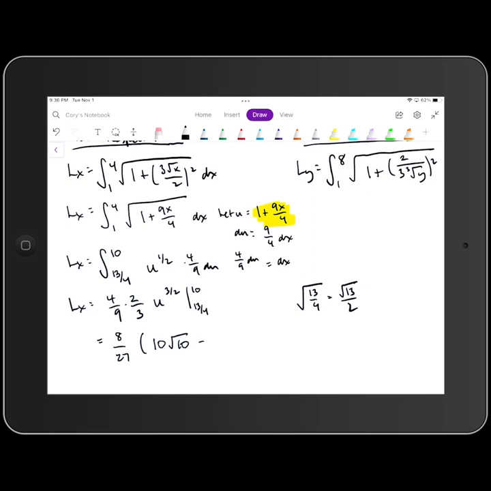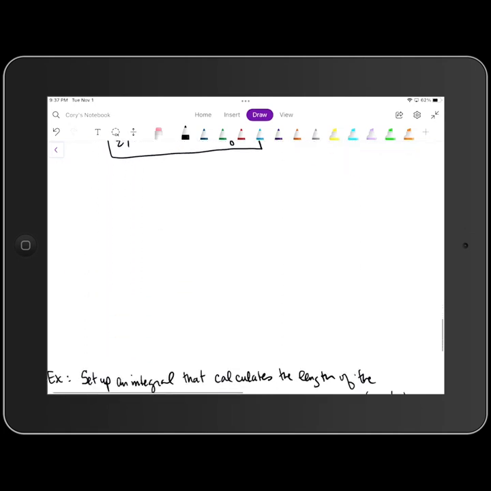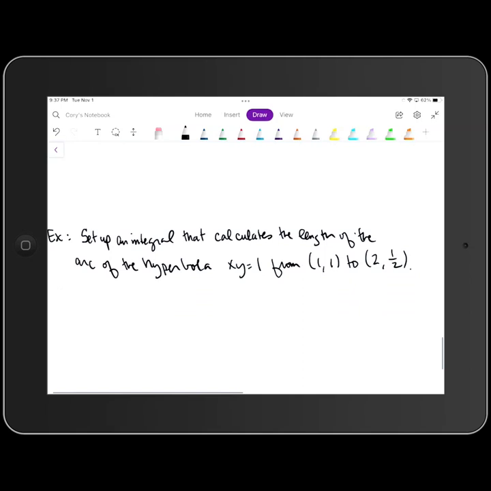So whenever we cube that, the numerator is going to become 13 rad 13. The denominator is going to wind up becoming 2 cubed, which is 8. Okay, and that right there is the value for the arc length.